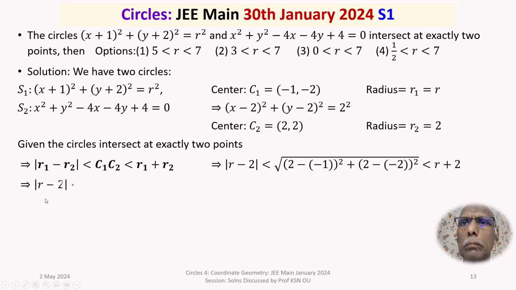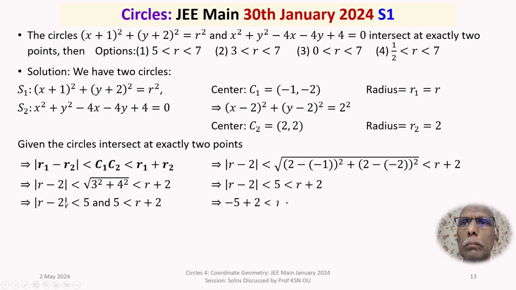This implies mod of r − 2 is less than √(3² + 4²), which is less than r + 2. That implies mod of r − 2 is less than 5, which is less than r + 2. You can write this as two inequalities: mod of r − 2 is less than 5, and 5 is less than r + 2. Now you have to remove the modulus.